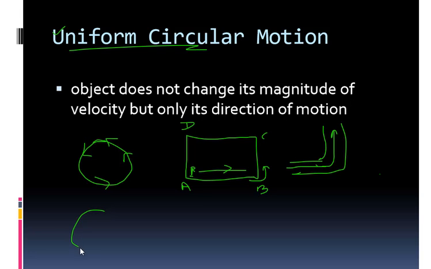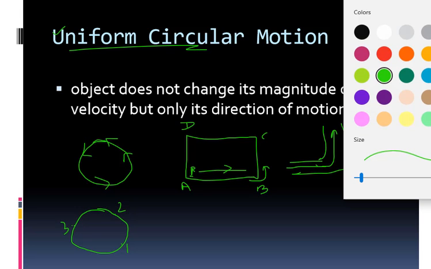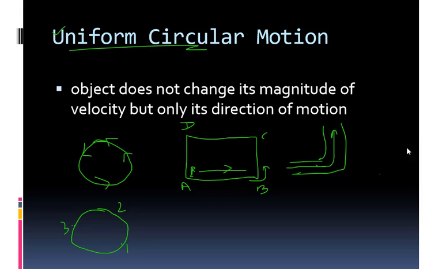Let me draw the circle again. Suppose this is a circular path. Here randomly I am taking some points. This is point number 1. This is point number 2. This one is point number 3. Okay, see in three different places.